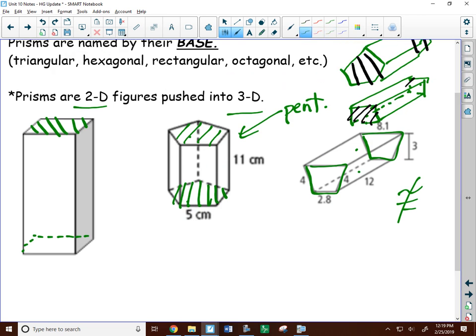Like this one, you chose square, so that would be a square prism. But you could also have named it by the top and bottom as a rectangular prism. So it's both. I like square prism. It's a little more exact than that one. I see what you're saying now. Good question. Anything else?